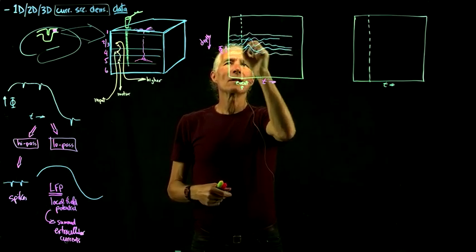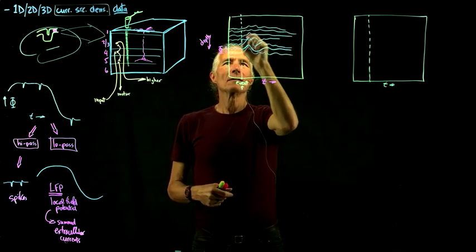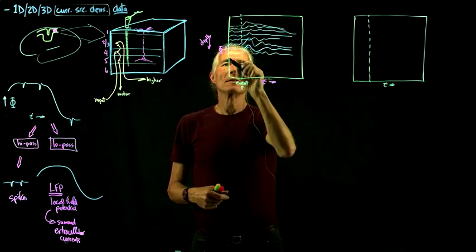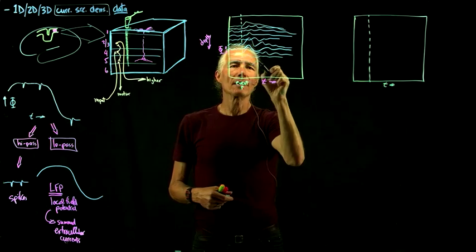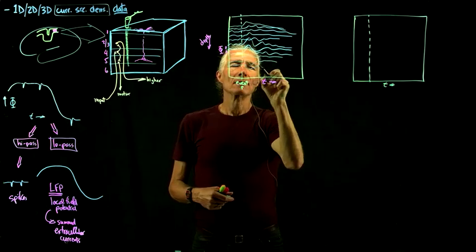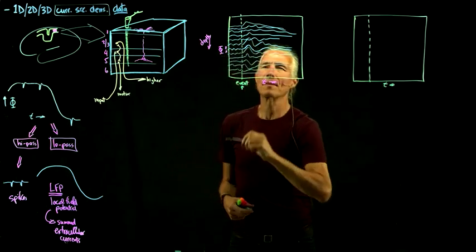So you'll have a whole bunch of these records over time for all these different depths. So this is our raw data, which is the potentials over time.